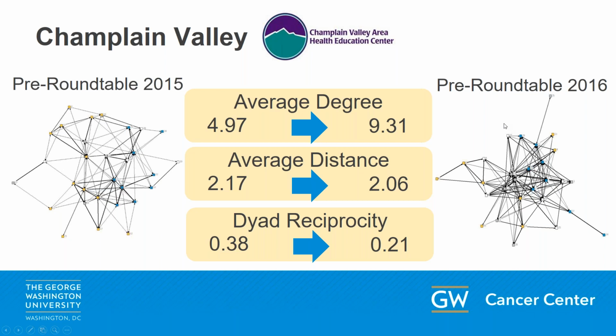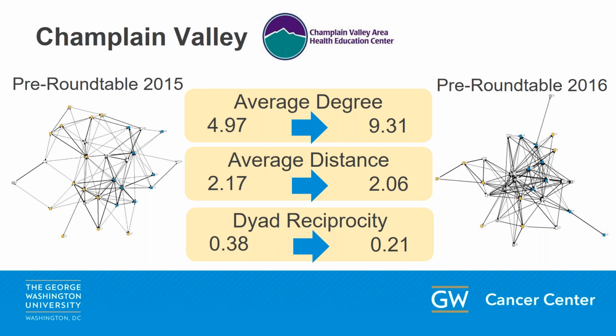As you can see, it went from an average person knowing maybe 5 people at the roundtable to knowing 9 people at the roundtable, which is great. Similarly, the distance between the participants decreased slightly, so that means it took less effort to reach out to somebody who may know more about physical activity and nutrition in 2016 than it did in 2015.